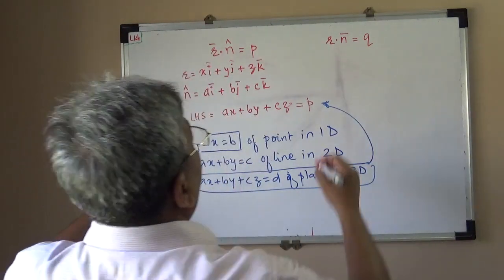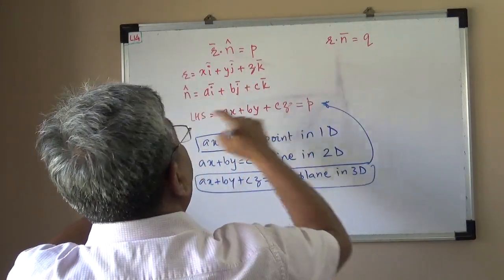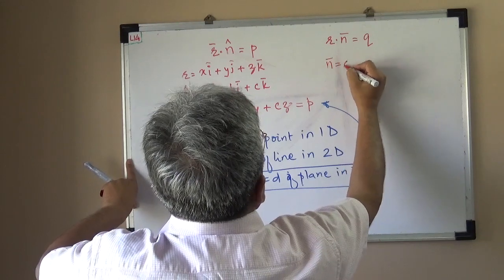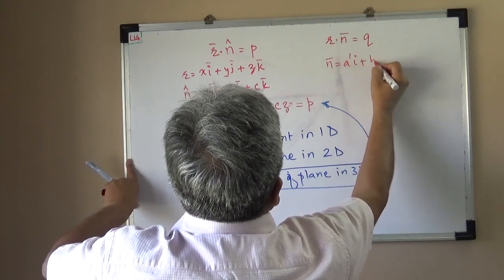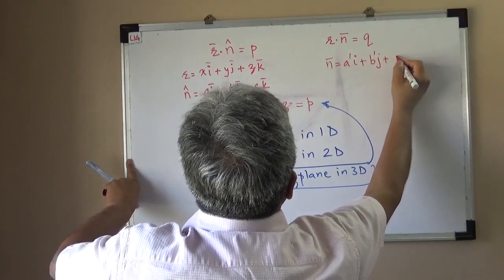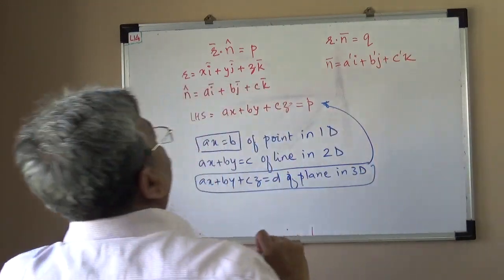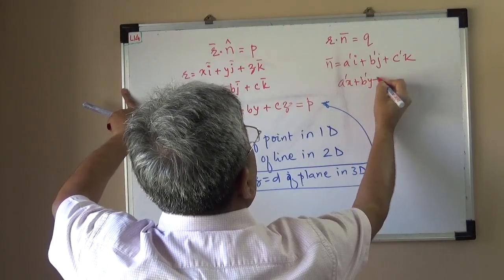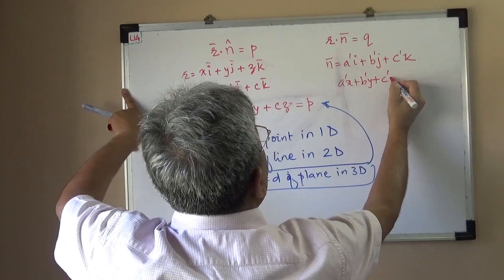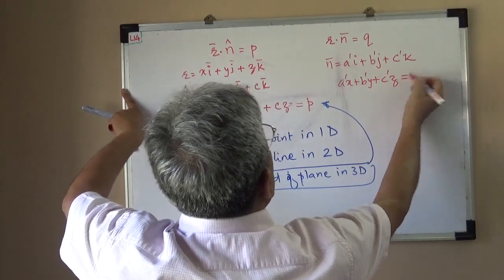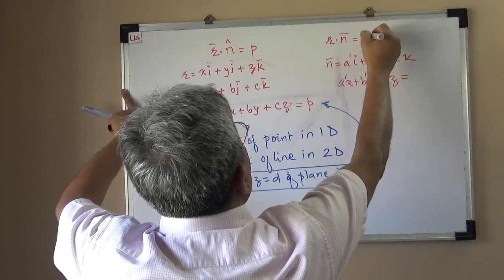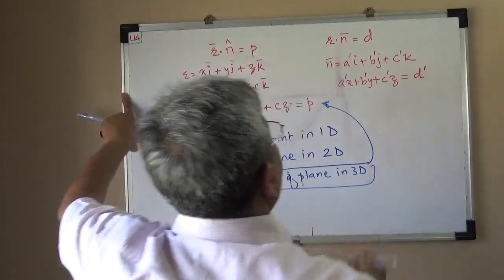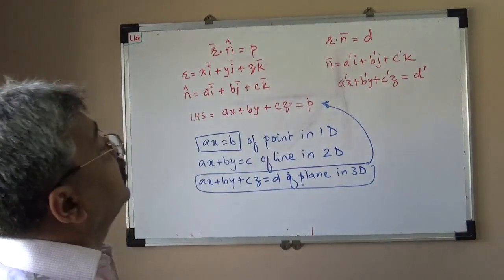If we take it in this form, then r is the same, and suppose we take n bar is equal to a dash i plus b dash j plus c dash k, then our equation would have been a dash x plus b dash y plus c dash z is equal to q. Instead of q, I can always write d here, maybe d dash, and the equation would look like this.